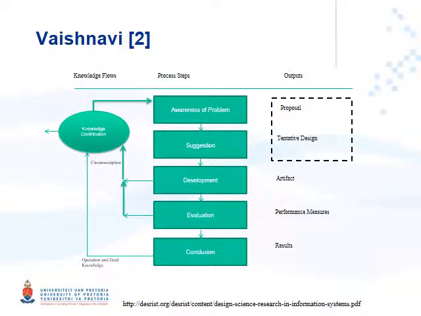The outputs include a proposal for the awareness of the problem, a tentative design for the suggestion, the artifact during the development, some performance measures for the evaluation, and the results.